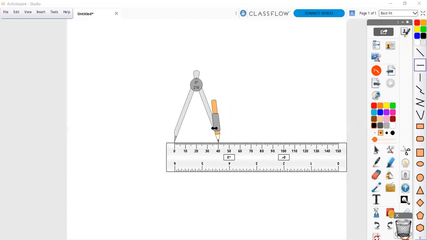Fine. So now you have to draw one line which indicates the radius of 0 to 40 like this. As you can see, I have drawn one line with the help of the ruler, or in the same way you can use the set square also. So draw one line having a radius equal to 40 mm like this.